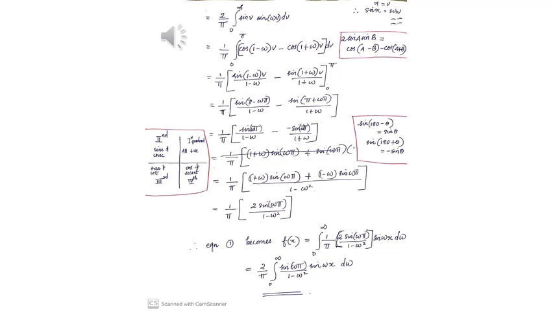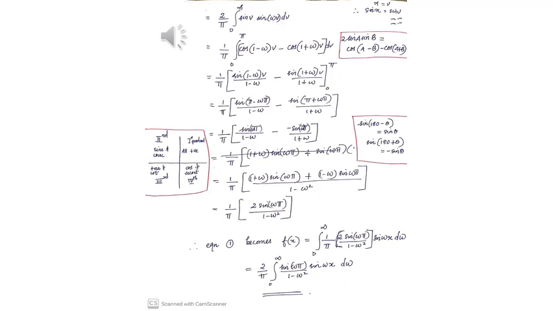Now the fourth step becomes, after applying the limit for v, 1 minus omega into pi. So I am writing in this fourth step: sine of pi minus omega pi divided by 1 minus omega, minus sine of pi plus omega pi divided by 1 plus omega.